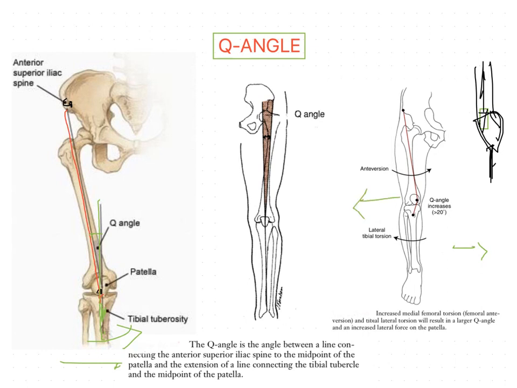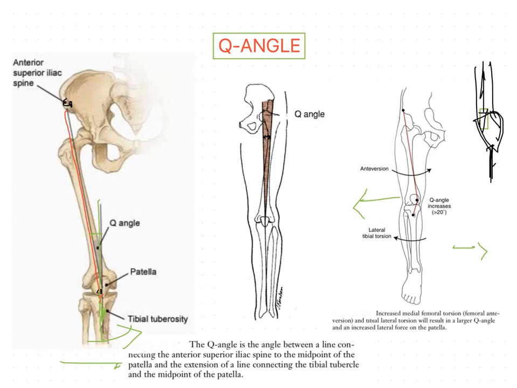Although an excessively large Q angle is usually an indicator of some structural malalignment, an apparently normal Q angle is not necessarily consistent with the absence of problems. The line between the ASIS of the pelvis and the mid patella is only an estimate of the line of pull of the quadriceps.